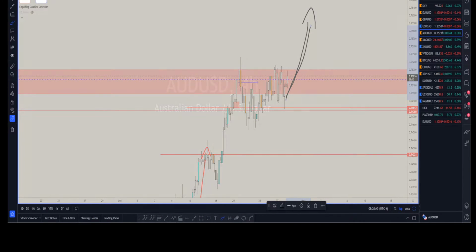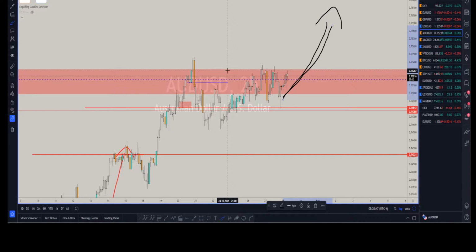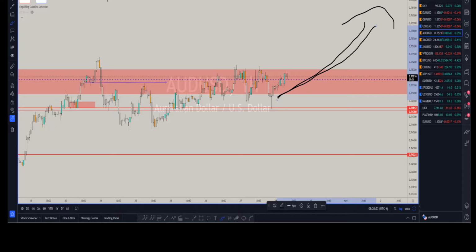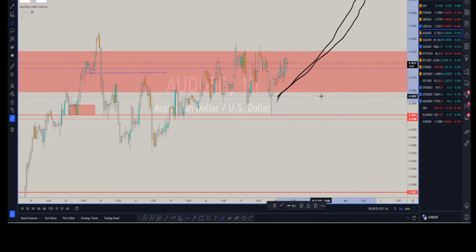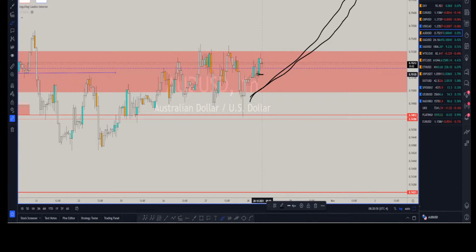Is there a buy setup on this time frame? I don't see any buy setup at the time being, unless most likely this will be broken. See, this one I don't really like a lot. It's too small. We might have something like this and go back up.